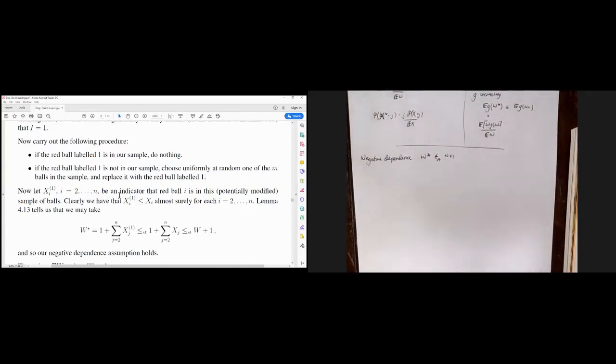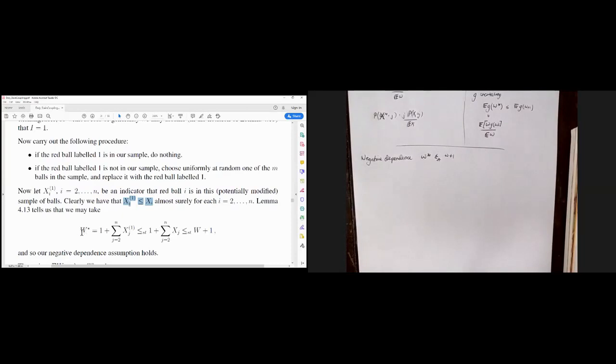It means that in this construction, the chances of seeing any given red ball in my new sample are smaller than the chances of it being there in the first place. So the indicator that my red ball is now in my sample is almost surely smaller than the indicator that it was there to begin with, because the only thing I can possibly have done is get rid of it. I've either left it alone or got rid of it. There are no other options.